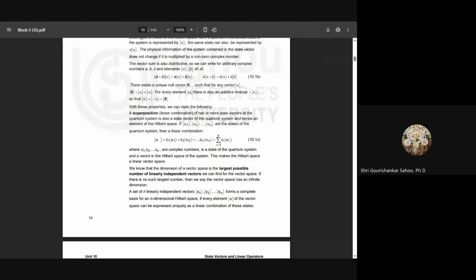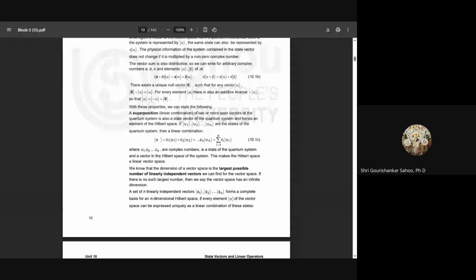Linearity is something related to a straight line or being devoid of higher degrees. The dimension of a vector space is the largest possible number of linearly independent vectors, and if there is no such largest number, you can say the vector space has infinite dimension.